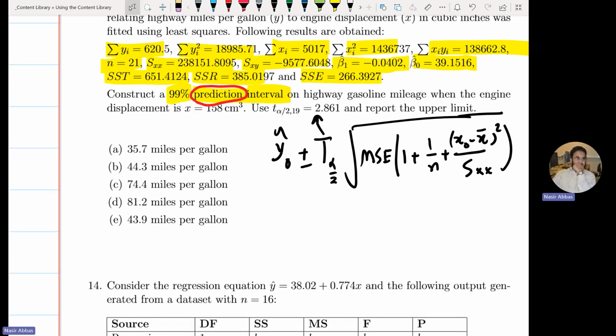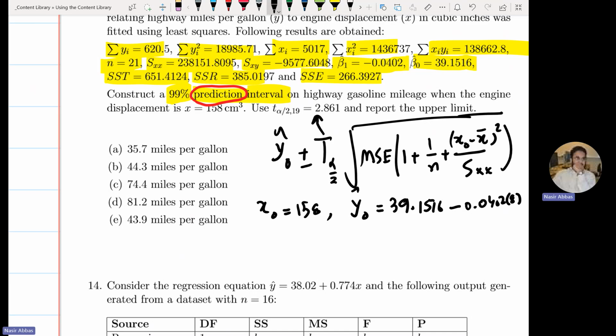Number one, what is X naught? At what value do they want you to predict? 158. As a result, Y naught hat is B naught plus B1 times X naught. What is B1, B naught? Given, right?